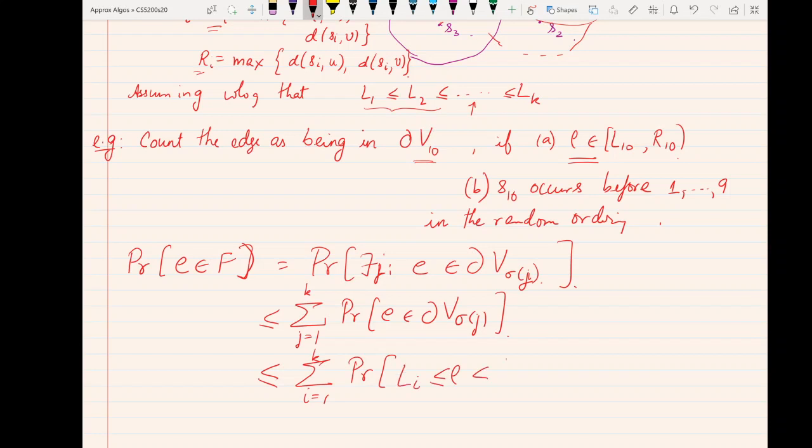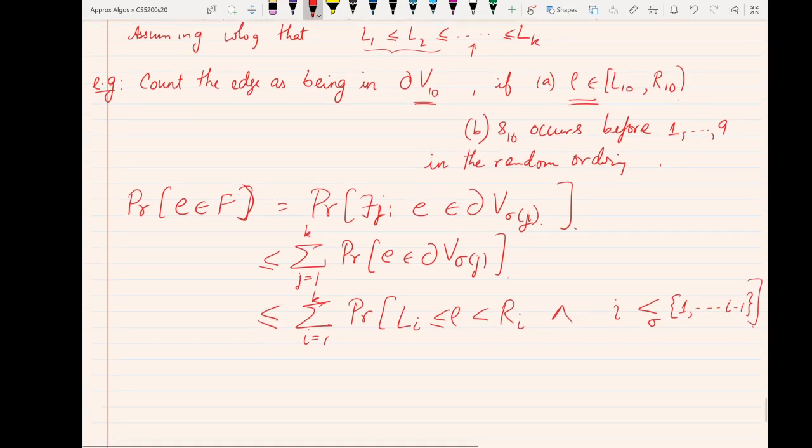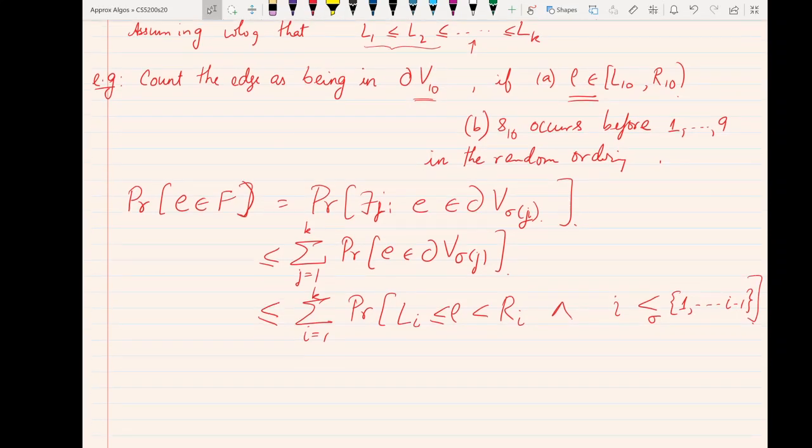You have it between Li and Ri, and i comes in the ordering sigma before 1 to i minus 1. Okay. So not only should the radius lie there, but it should be able to capture it before the vertices are captured by the smaller balls that might occur.